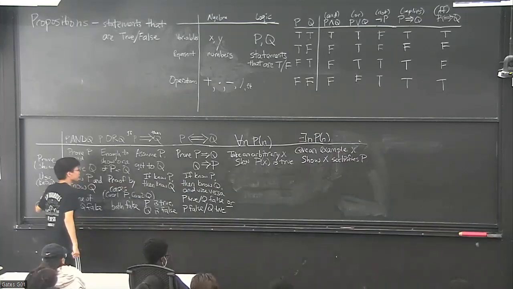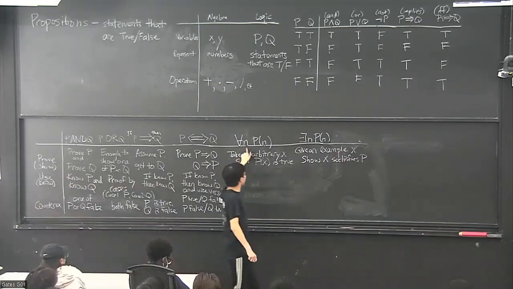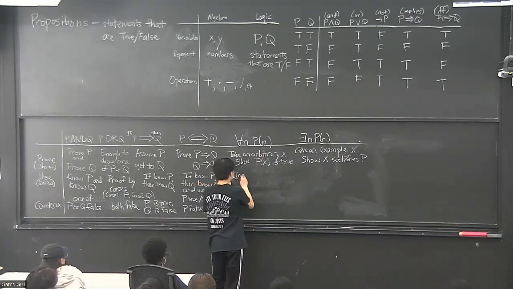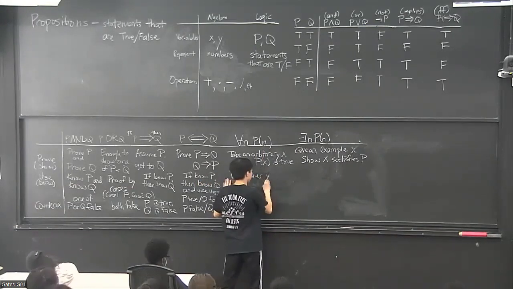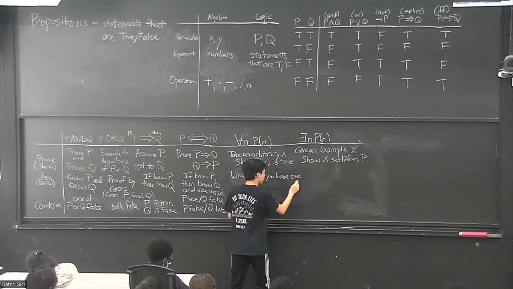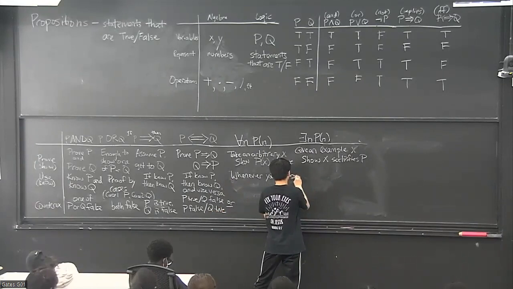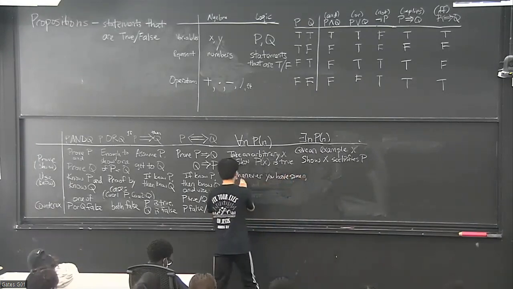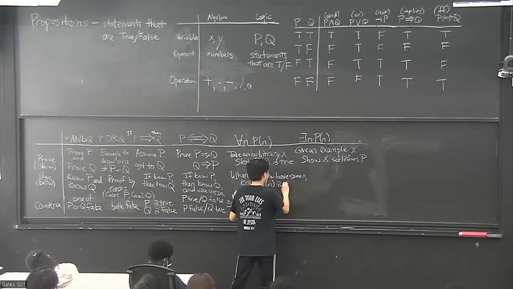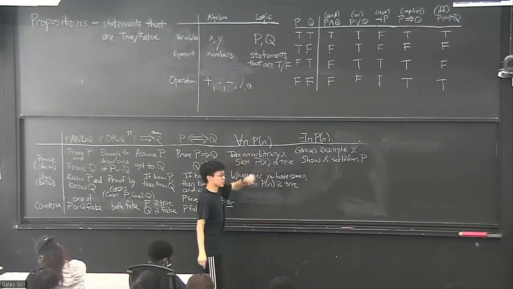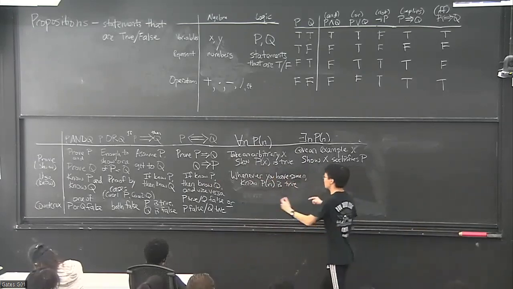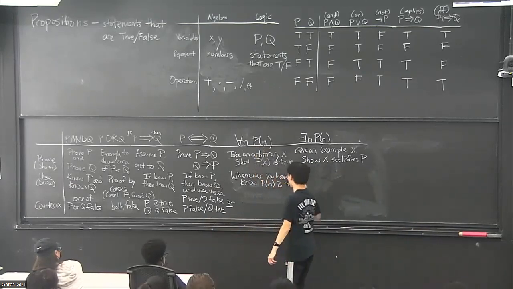To use the fact that every n satisfies P of n, whenever you have some n, you automatically know P of n is true. In other words, if you know that every n satisfies this property, whenever you're dealing with an n, you automatically know that it also satisfies this property.